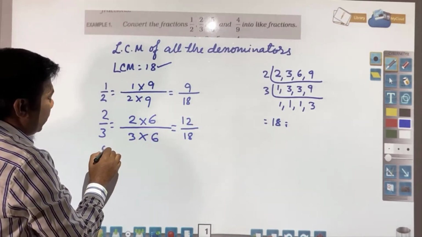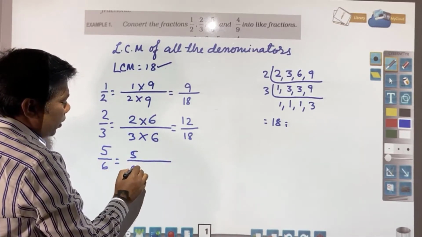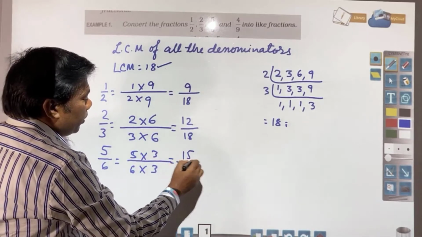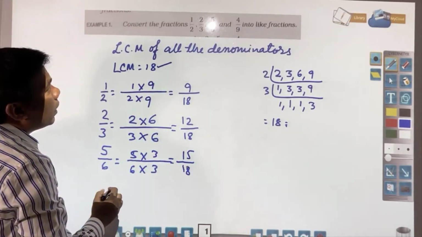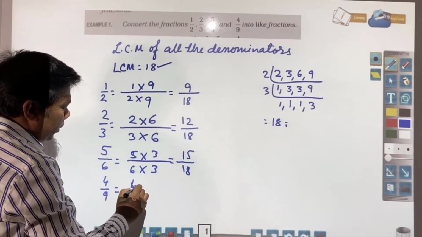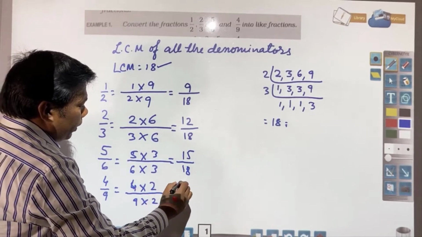Then you have 5 by 6. 3 is required to be multiplied, so 15 by 18. And 4 by 9 can be written as 4 by 9 into 2, so this will be 8 by 18.